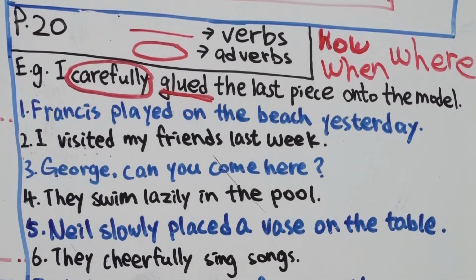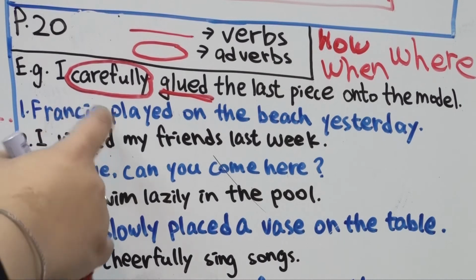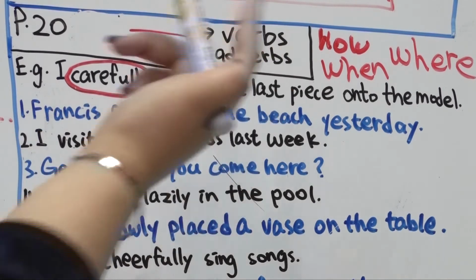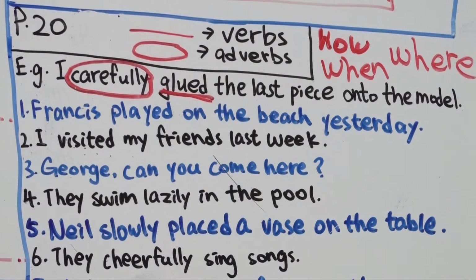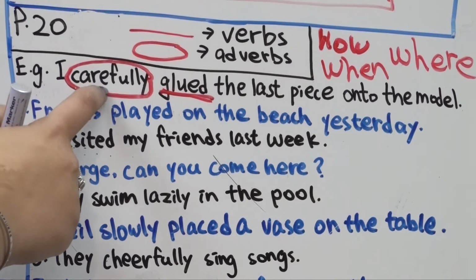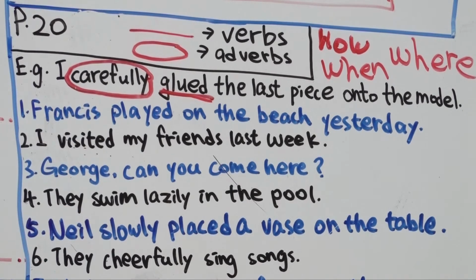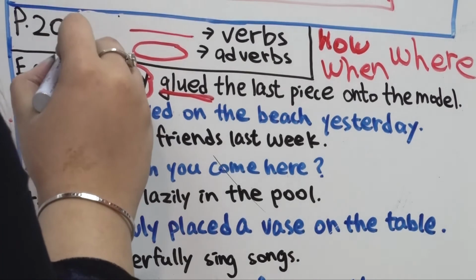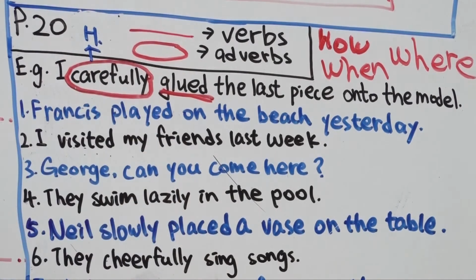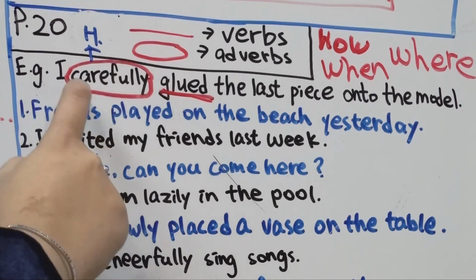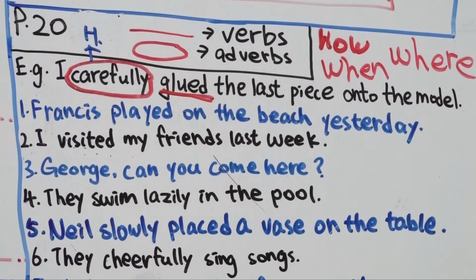Which one is the adverb? The example is here, carefully, right? Carefully tells us how this action happened. How, right? That's why this is an adverb. Okay? Circle the adverb and underline the action verb.